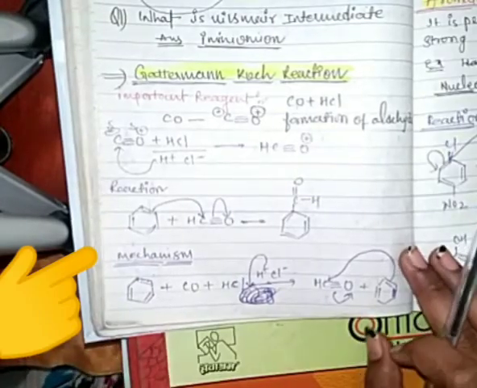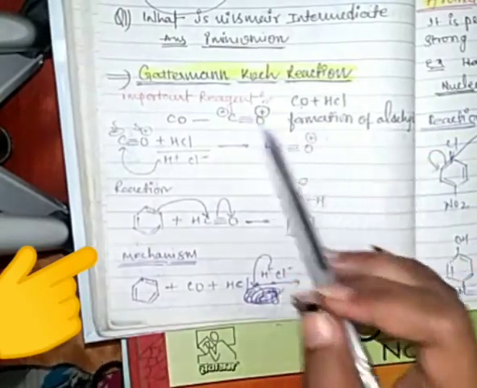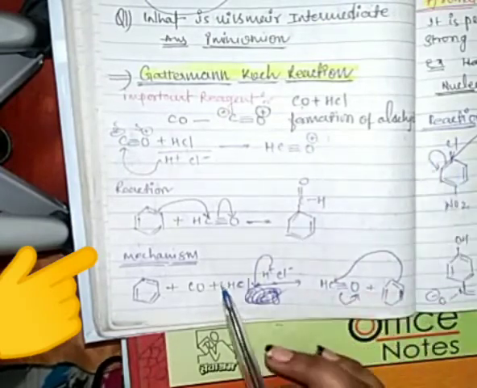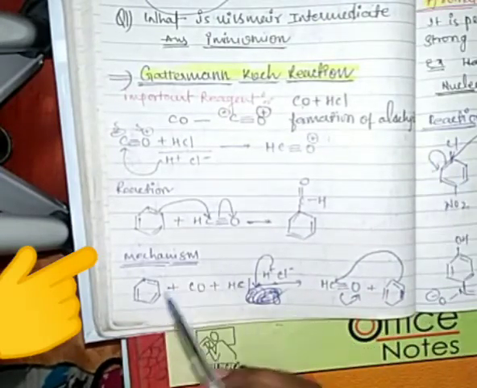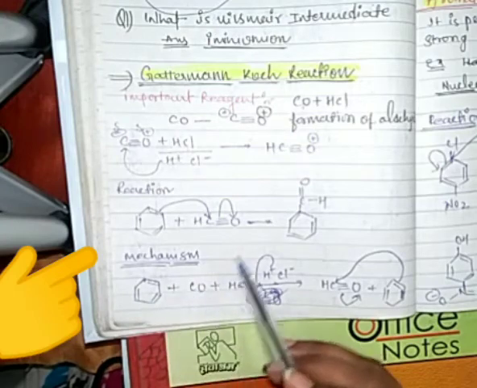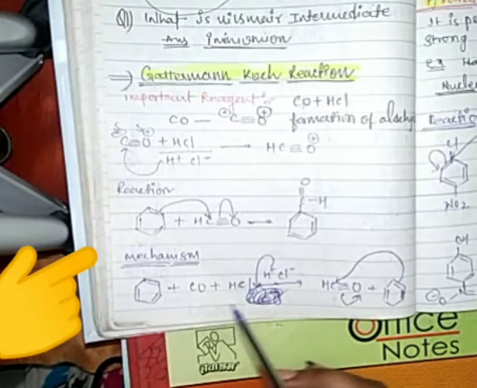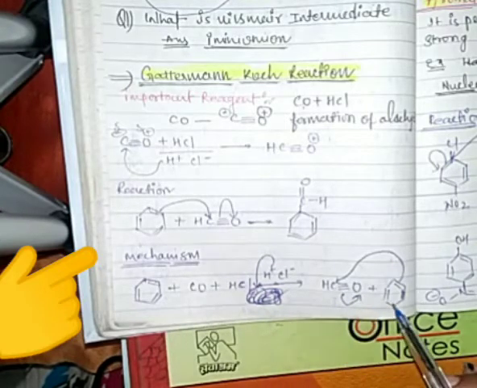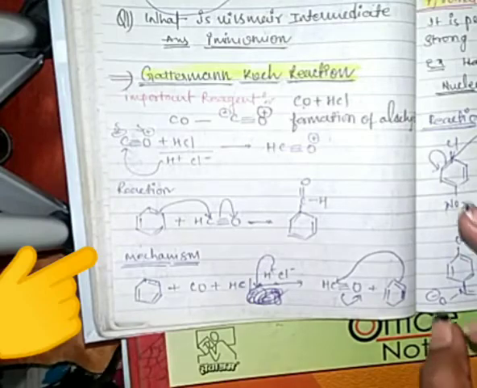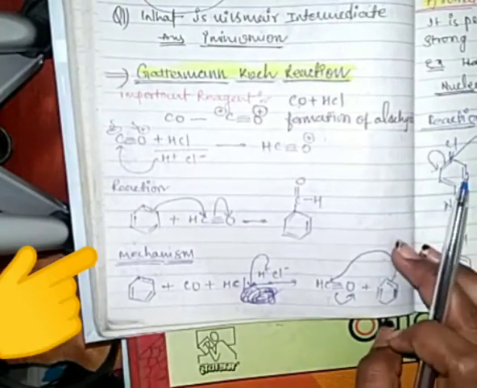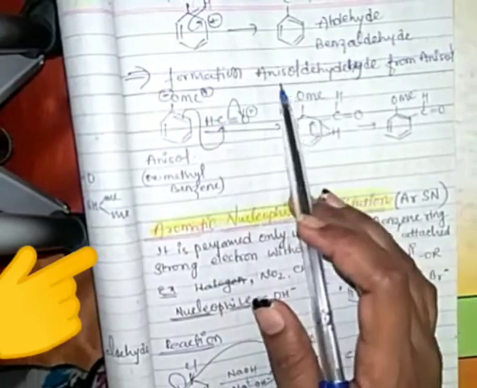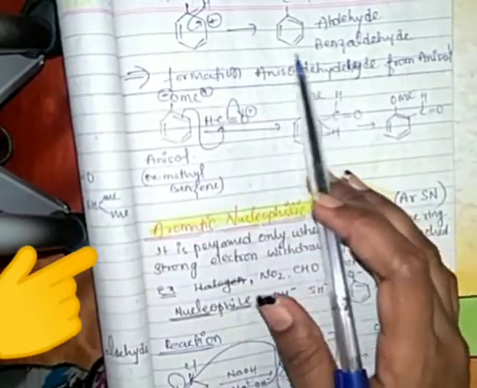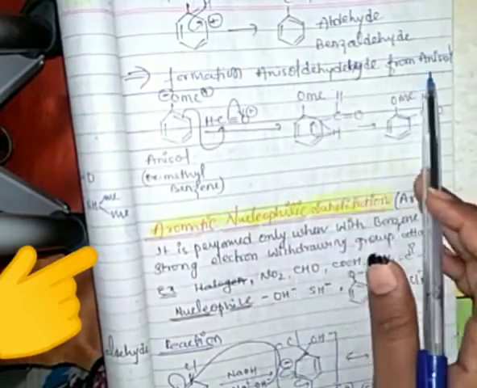The mechanism of formation of aldehyde with the help of the Gattermann-Koch reaction is, we know that carbon monoxide is reacted with HCl, and then it reacts with benzene and forms benzaldehyde. And next, formation of anisaldehyde from anisole.